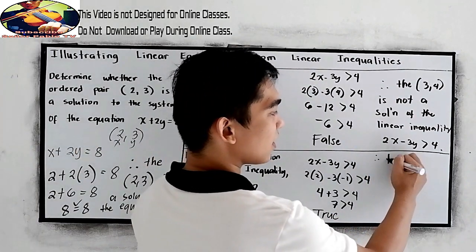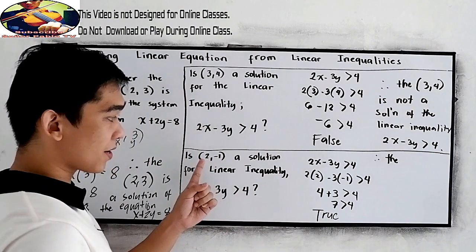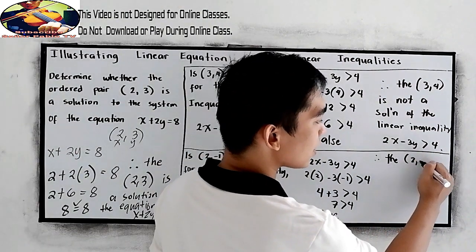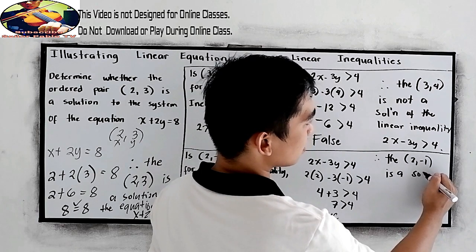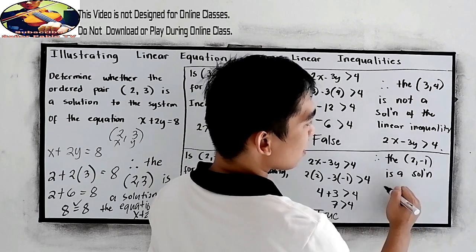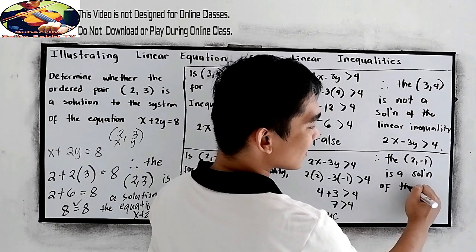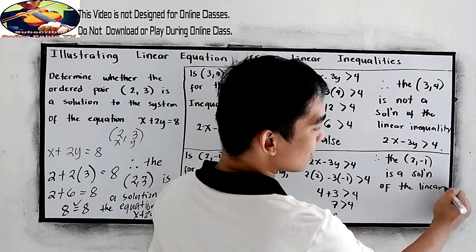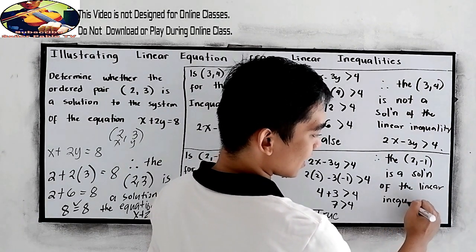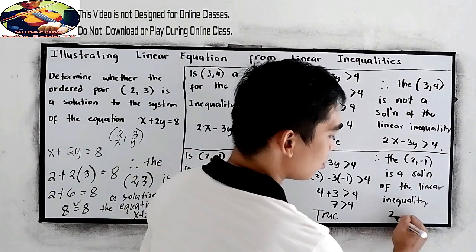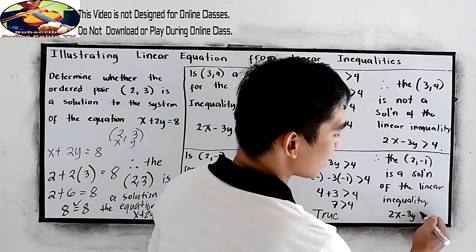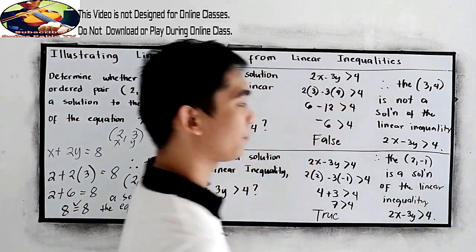Therefore, the ordered pair 2, negative 1 is a solution of the linear inequality 2x minus 3y greater than 4.